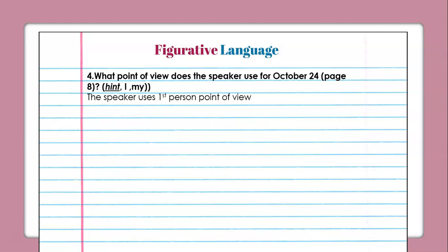I like how some of you are parking your pencil because you're finished writing and you're just waiting for the next question. So great job. Last 10 seconds.